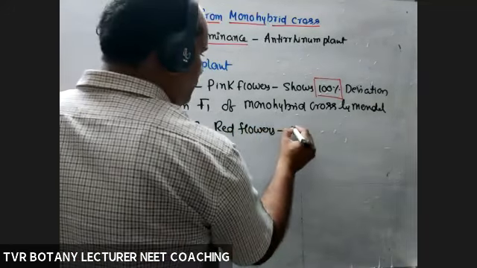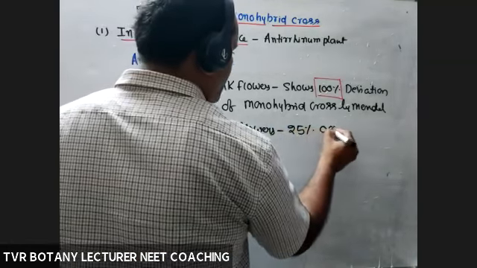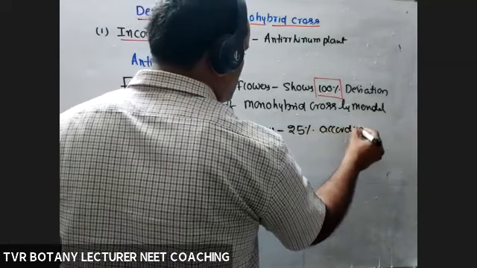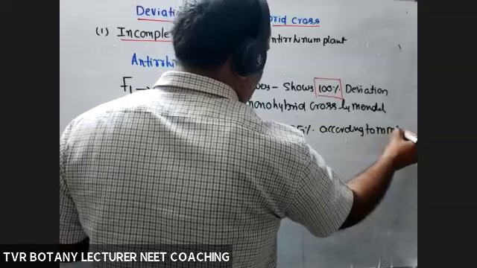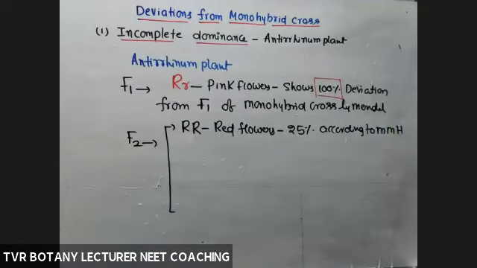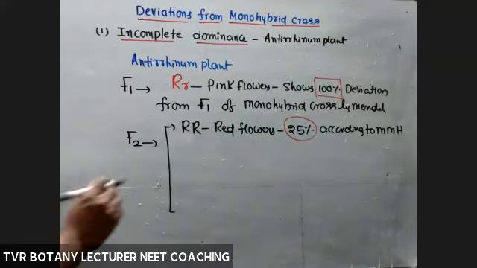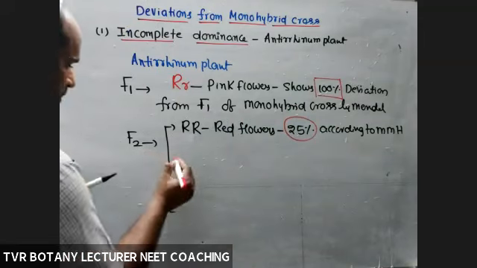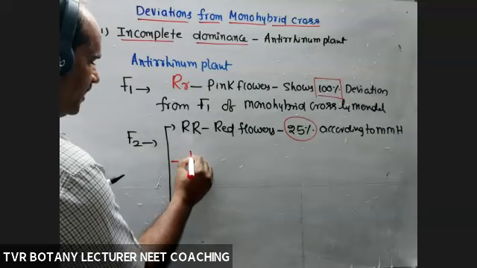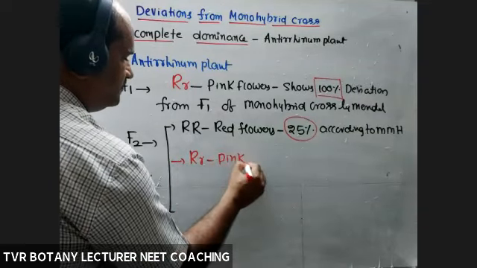According to Mendel, its percentage is 25% in the case of F2. And what about the second one? Capital R small r, pink flowers.